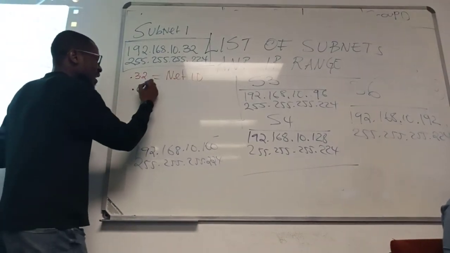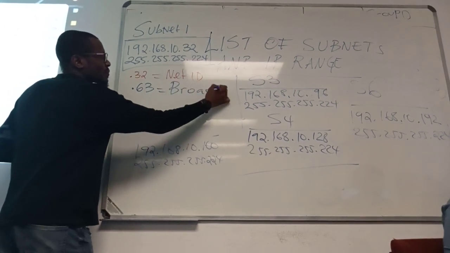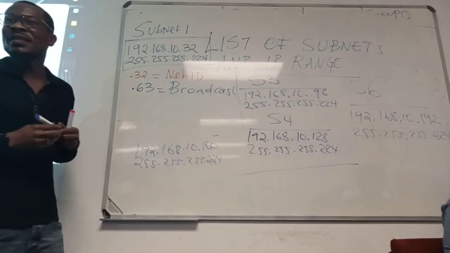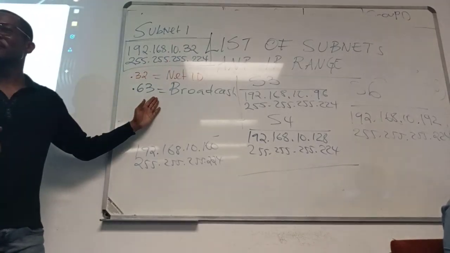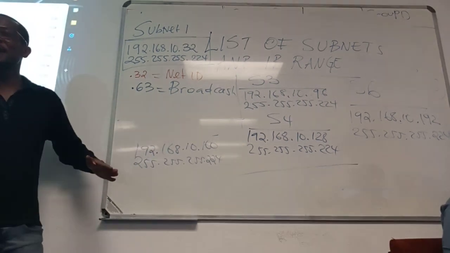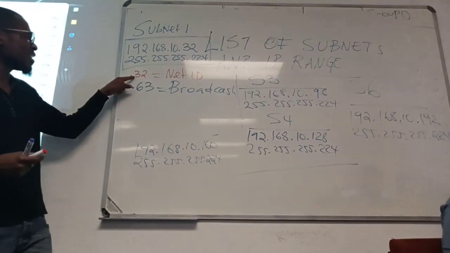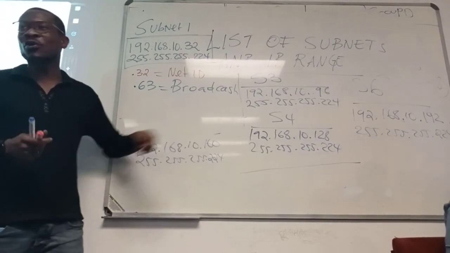So .63, don't use it. Also, it's a broadcast. You remember? This network will start from 32 up to 63. The next one starts from 64 up to 95. So this one is the network ID. This .63 is a broadcast.